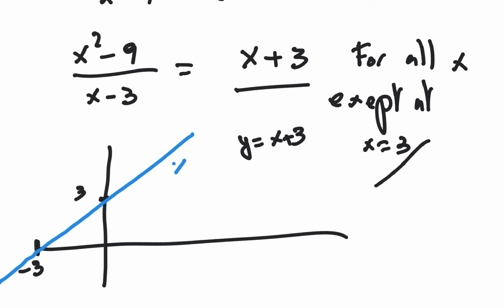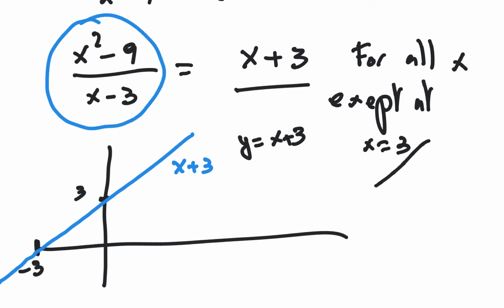It means that the line x plus 3 is exactly the same function as x squared minus 9 divided by x minus 3, except at the point 3. At the point 3, there is a hole. So the function x plus 3 is the whole rectilinear line, and the function x squared minus 9 divided by x minus 3 is the same rectilinear line with a hole.